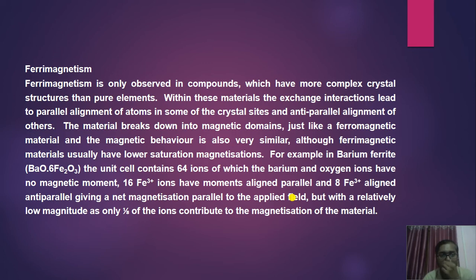That's why ferrimagnetism was not there in the periodic table. It is observed in compounds which have more complex crystal structures than pure elements. Within these materials, the exchange interactions lead to parallel alignment of atoms in some of the crystal sites and anti-parallel alignment of others. In this way, ferrimagnetism occurs.